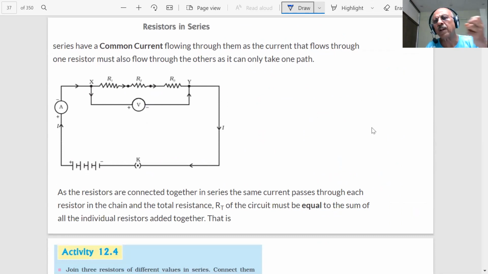There is a possibility I may connect some in series, some in parallel. Why are we doing it, student? Because when resistors are connected in series, their effective resistance is different. When they are connected in parallel, effective resistance is also different. So effective resistance changes when the combination of the resistors is changed, students.